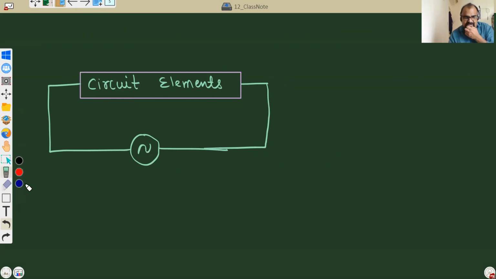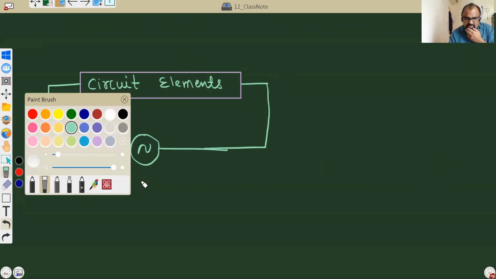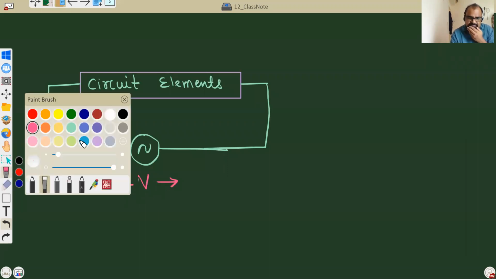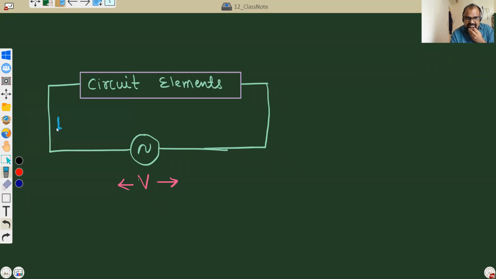Now this time I will not show instantaneous values, I will show the RMS voltage. And the current is I. And they are not in the same phase. They have a phase difference of phi.